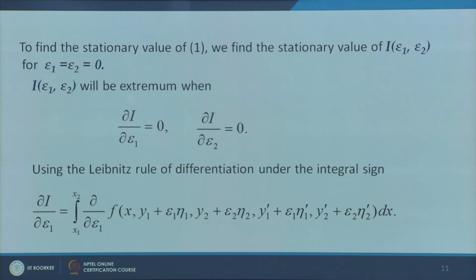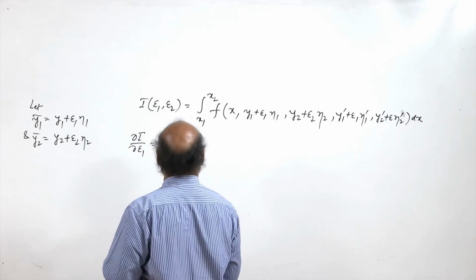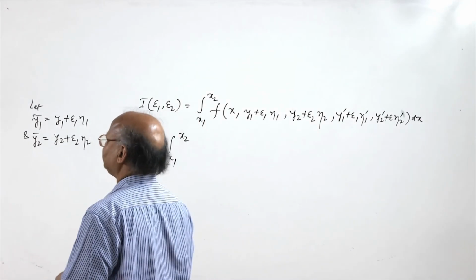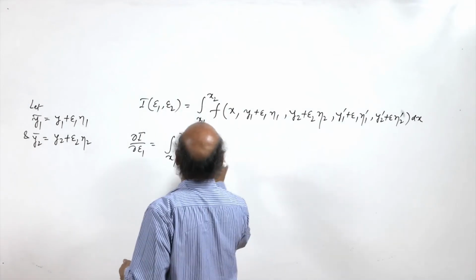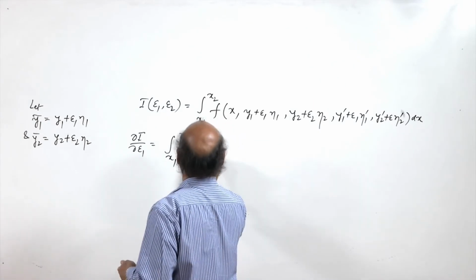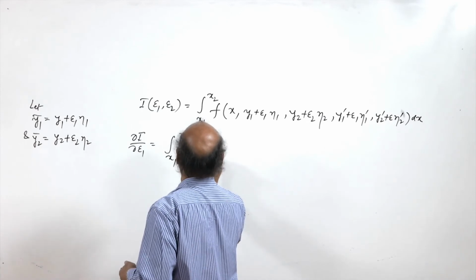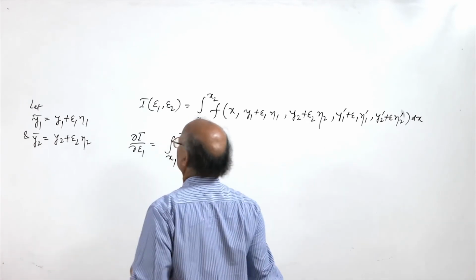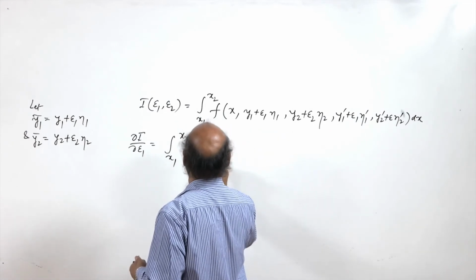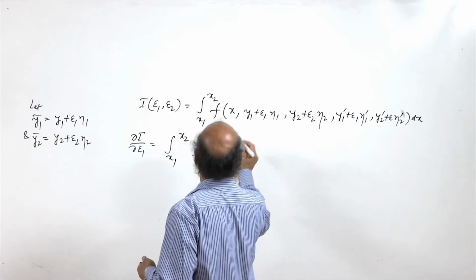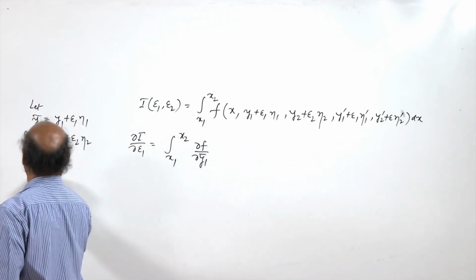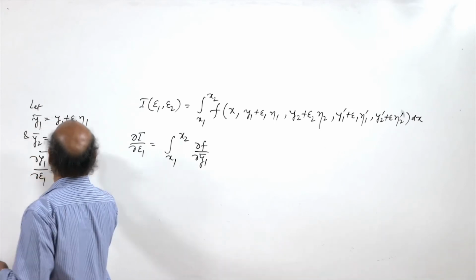And when we differentiate it with respect to epsilon 1, we shall have partial f over partial y1 bar, times partial y1 bar over partial epsilon 1, which will be equal to eta 1.